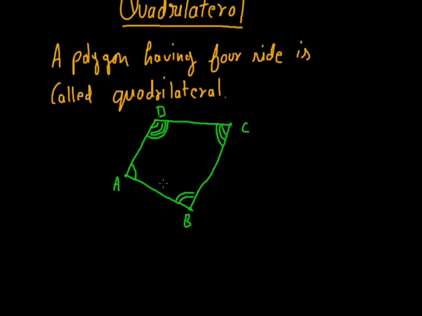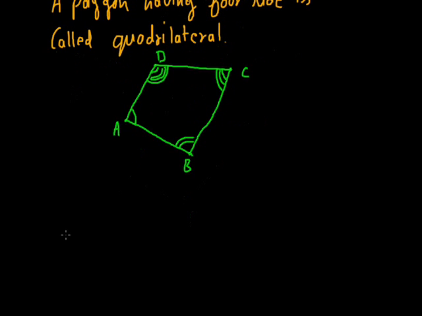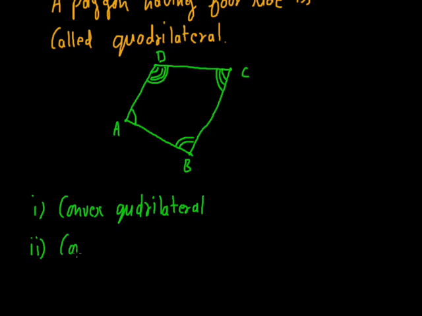Now, how can we classify a quadrilateral? Basically, we classify quadrilaterals in two categories. One is the convex quadrilateral, and another one is the concave quadrilateral.